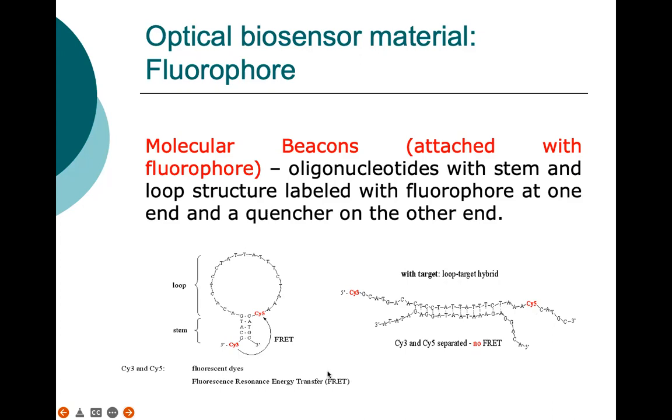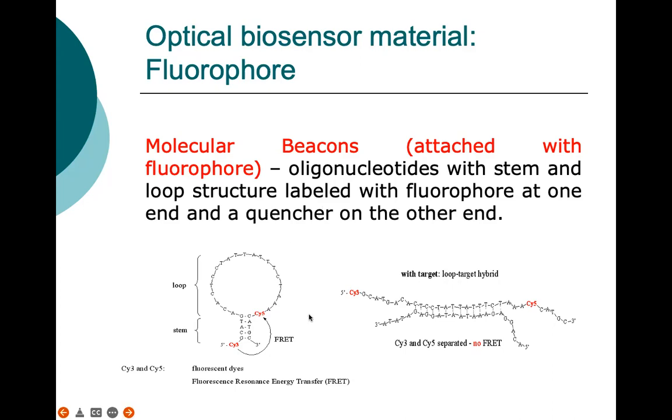We have not discussed this in atomic spectroscopy because it's quite advanced. What you need to know is that if these fluorophores are close to each other, one is a donor, one is an acceptor, you may observe energy transfer, and this energy transfer can be observed in the fluorescent spectrum.